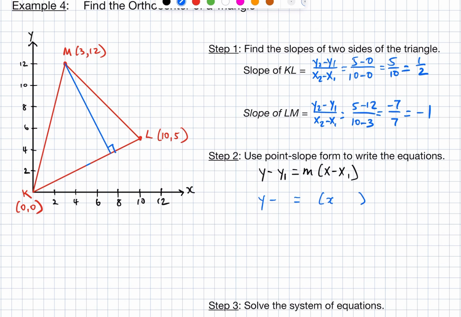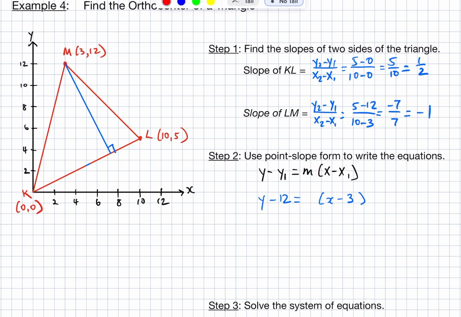So what is my x1 and y1 for this altitude? The only point on this altitude that's given to us is (3, 12). So we can throw this x and this y into this equation. What that means is y1 is 12 and x1 is 3. Now the last piece we need is our slope.